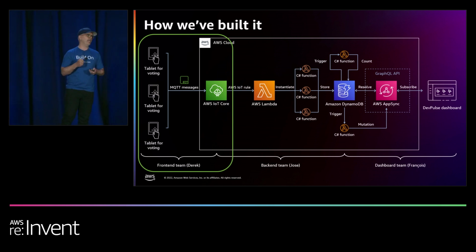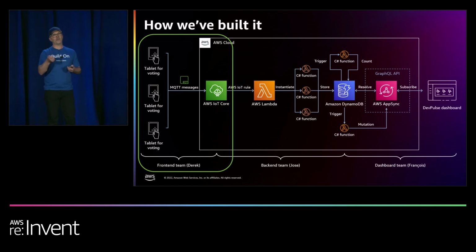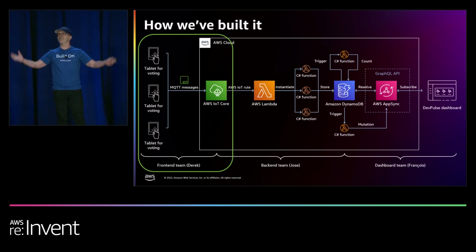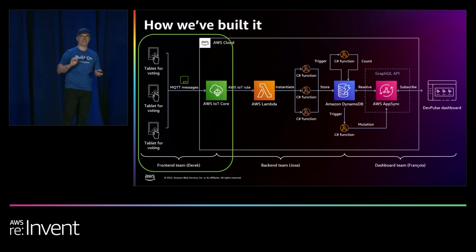So .NET Maui, has anybody used either Maui or Xamarin? You got a couple? Awesome. For anybody who hasn't, Xamarin was released about 7 or 8 years ago, or actually acquired by Microsoft. And it is a cross-platform application framework where you write code once. It's like the promised land that everybody promises. Write code once, ever since Java 1.